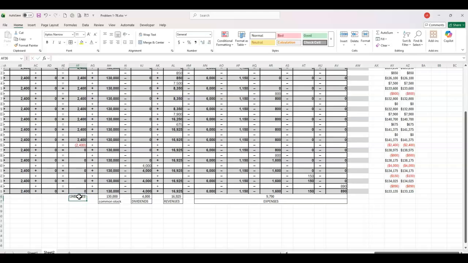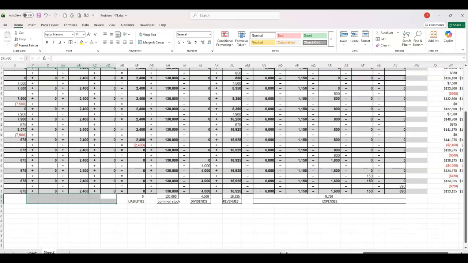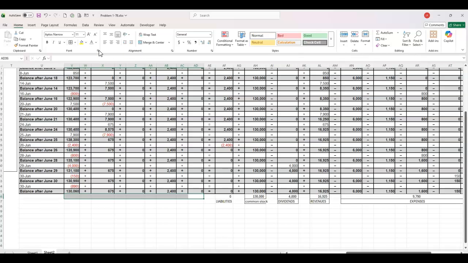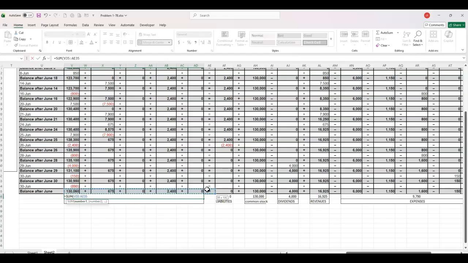And then finally, our assets. Had a couple of assets that I didn't need. Sum of all the assets.